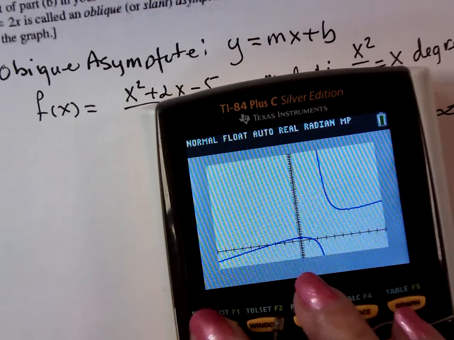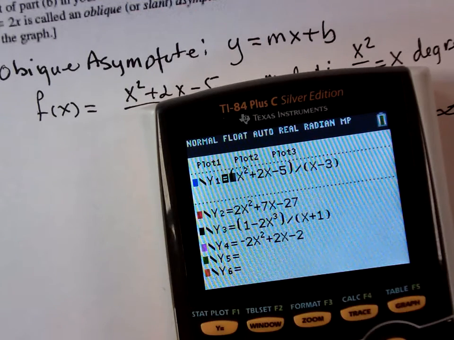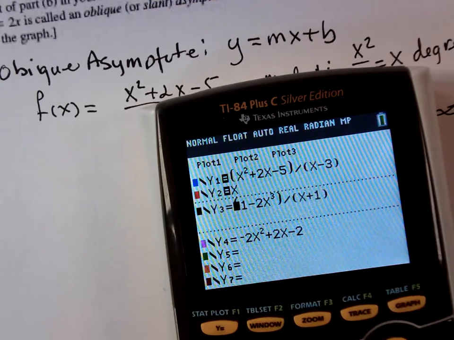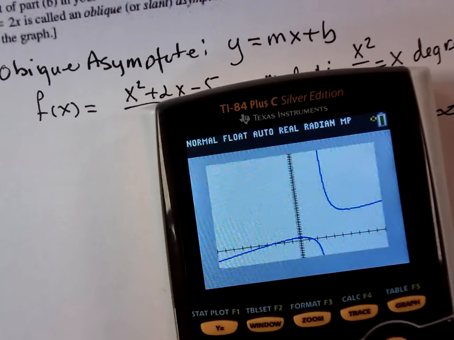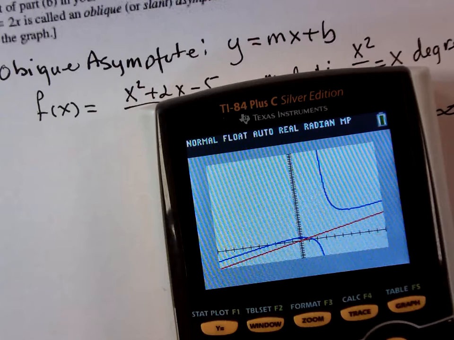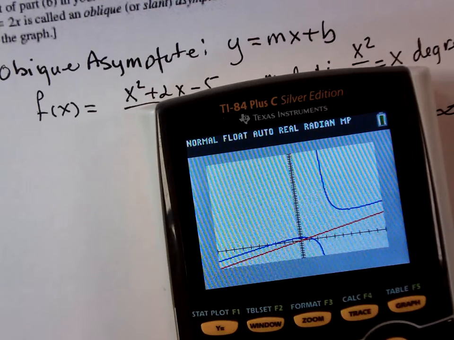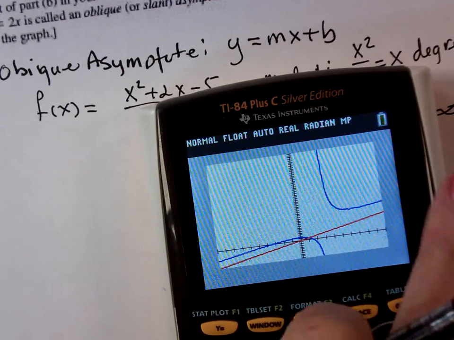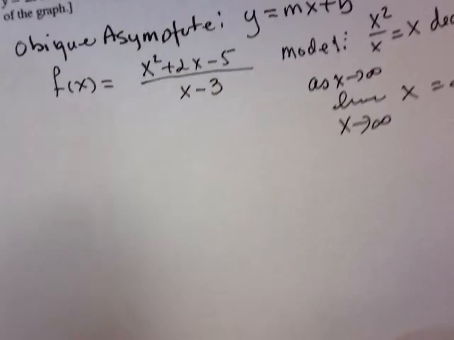So if I were just to put in, say, y equal x, which is not, by the way, what it is, I don't think, you're going to see it's going to run parallel to it. I need to shift it up just slightly. I can't do it that way. And how do we do that in college algebra?